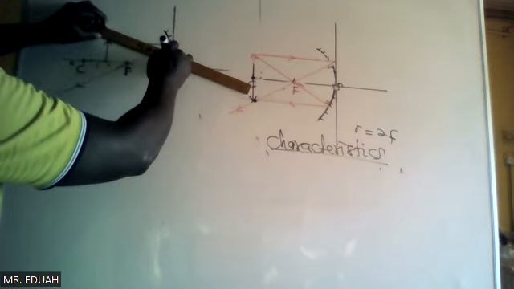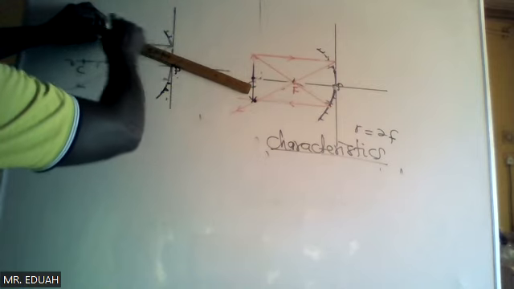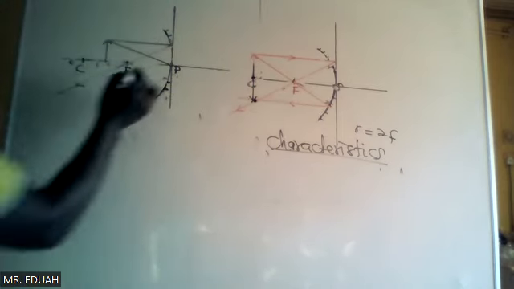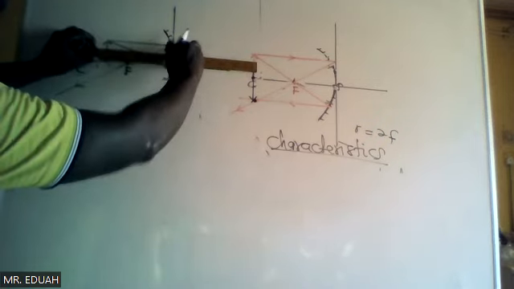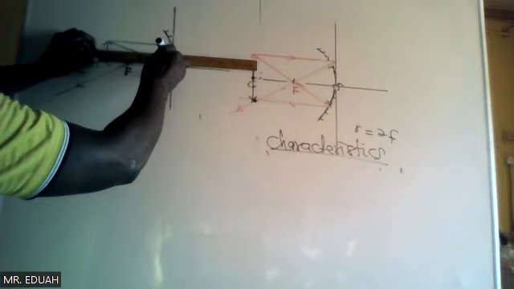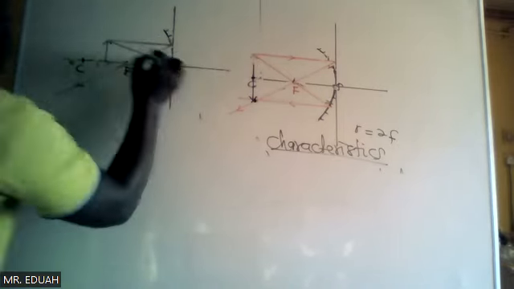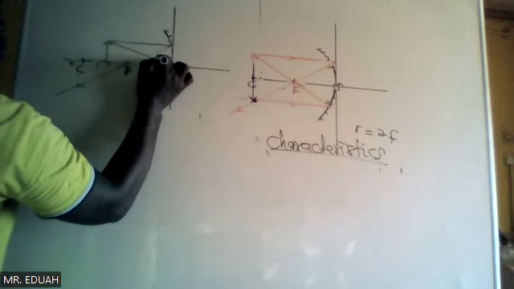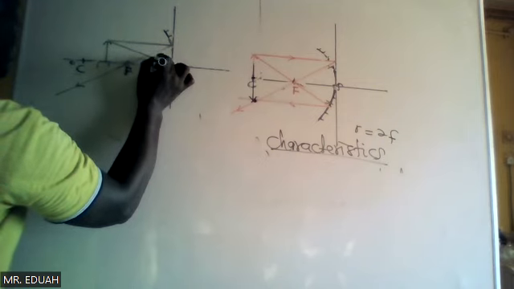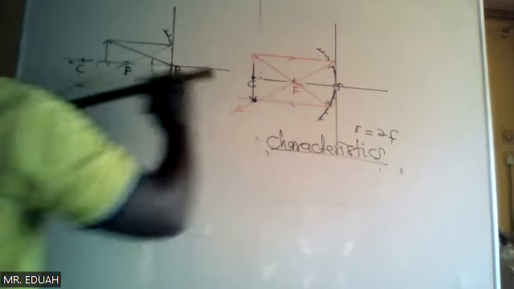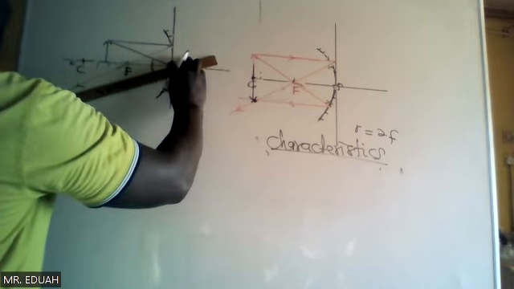But over here, you need to be careful with the angle. Look at the angle it makes with the principal axis. So you must estimate well. The reason for which I don't often use this rule. So if this is x, this must also be x. So if it hits the pole, it must reflect at the same angle.